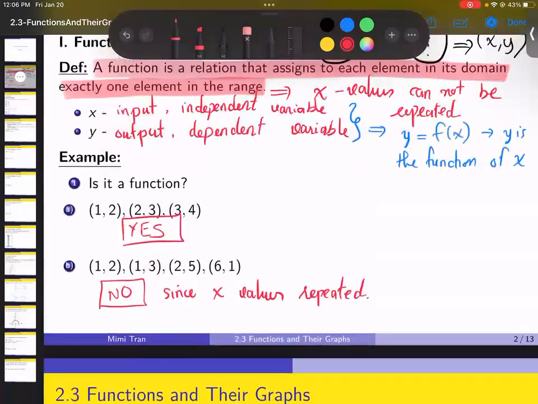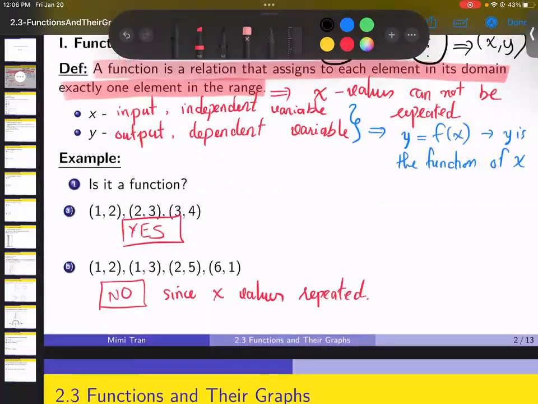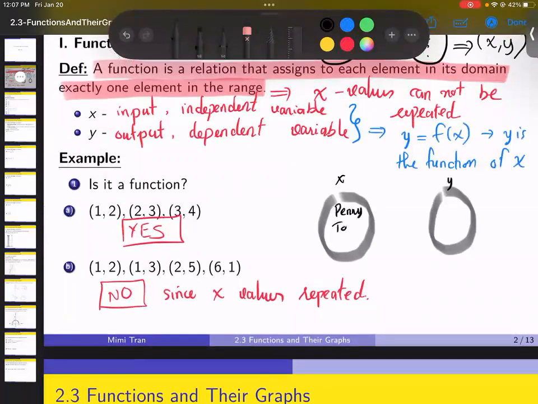Let me ask you this question. Don't write this down, just something like X and Y. Here are names, say Penny, Yam, Jeff, and here the birthdays.